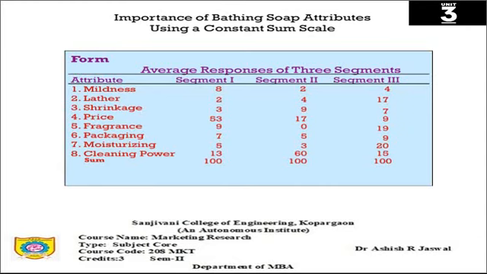If you look at all the segments, the sum of points given is 100. You need to give points or marks to every criterion. You cannot keep any criterion blank, and the total in a column will come to 100. That is what we need to understand as an example of constant sum scaling.